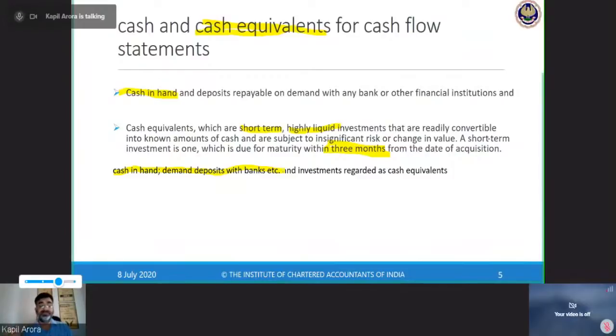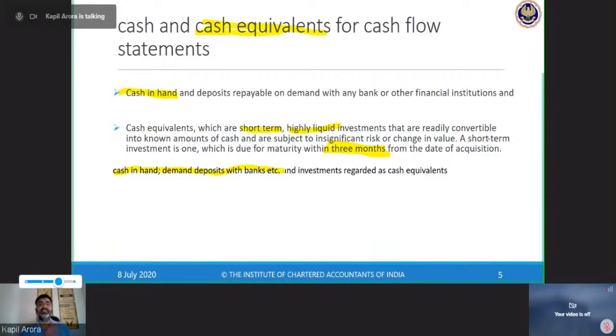But what happens in shares? Share price keeps going up and down. You never know how much amount you are going to get back. Whether you are going to get back 100 rupees, or 1000 rupees for the same share if the price is up, or 10 rupees when the price is down. Because shares carry risk, that is the reason we never consider them in cash equivalent.